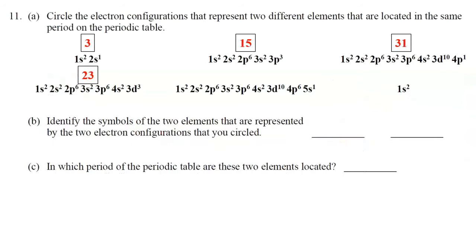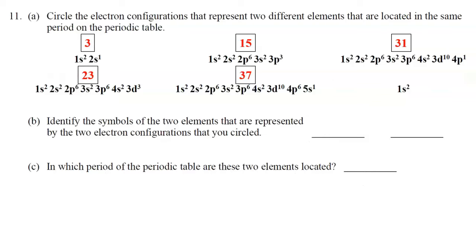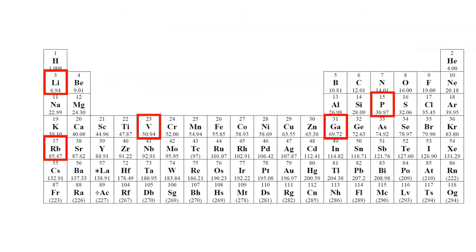Our next electron configuration, if we add up the total number of electrons by adding up the superscripts, gives us a value of 37, and that would be represented by the element rubidium, which has the symbol Rb. And then finally, the last electron configuration in part A only has 2 electrons, and that would represent the element helium, or He.